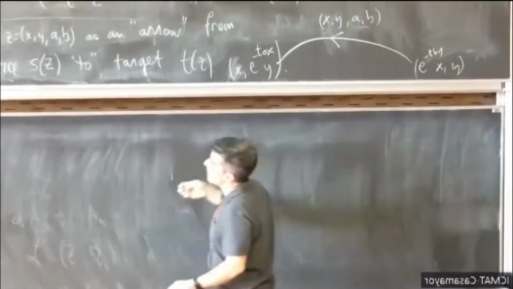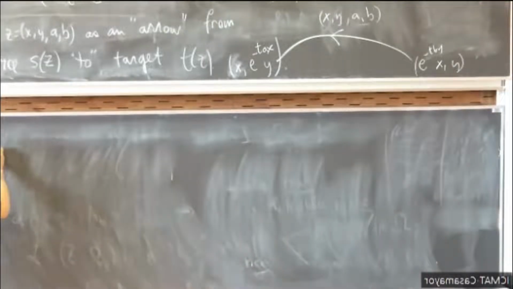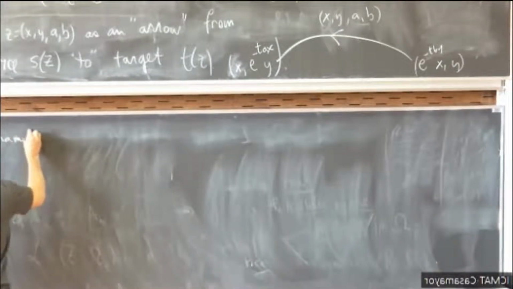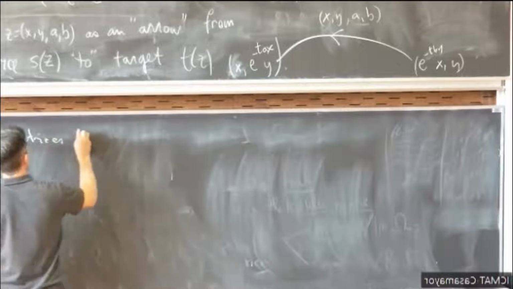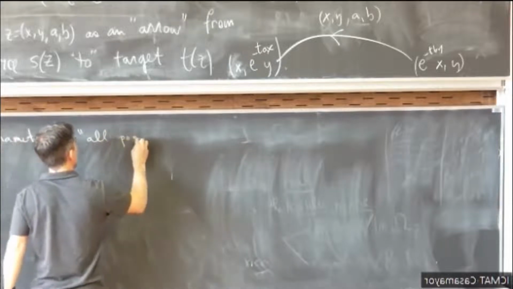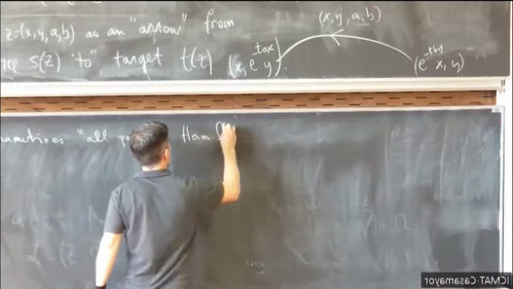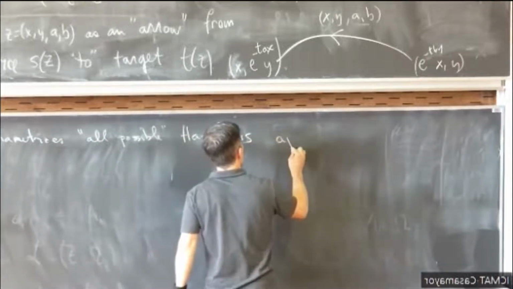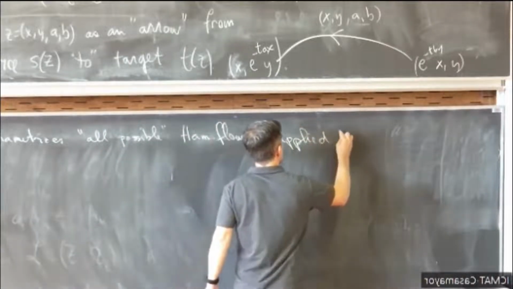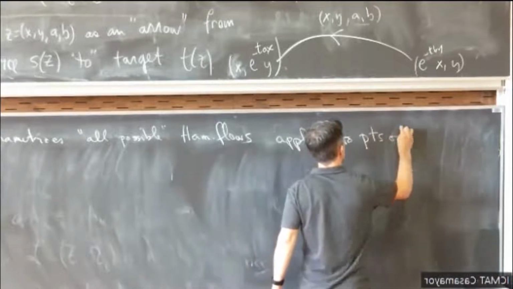So in a way, Z parametrizes, roughly speaking, all possible Hamiltonian flows applied to the points of C2.